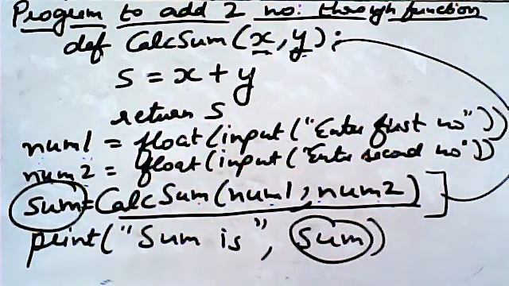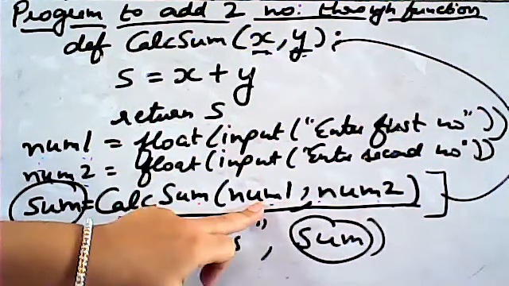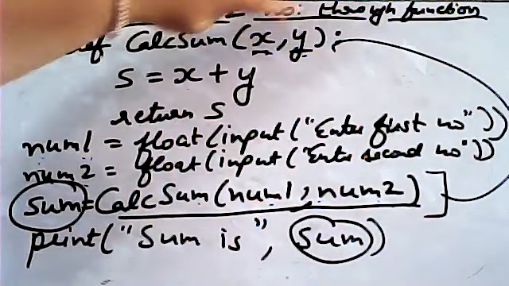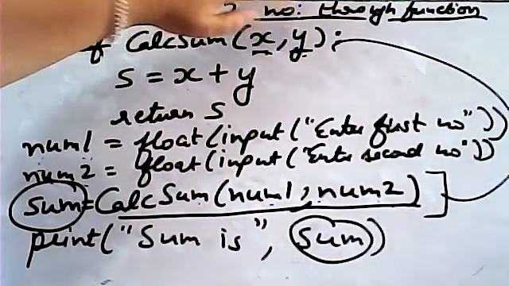Okay, one thing more. In this we have two things: arguments and parameters. If the value is being passed through a function call, this is one thing, and the value is received in the function definition, this is the other.